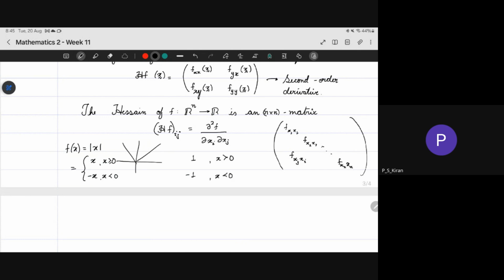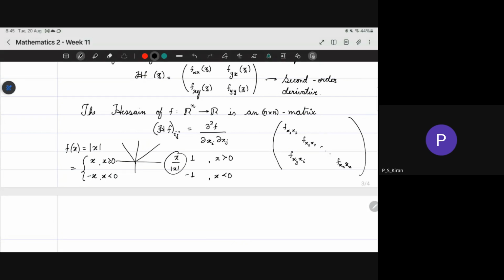At 0, it is not defined. So this can be written as x by mod x. You can combine these two to write x by mod x. Why? Because if x is positive, x by mod x becomes 1. If x is negative, x by mod x becomes x by minus x, which is minus 1. So the closed form expression for the derivative of the mod x function when x is not equal to 0 is x by mod x. That is fine. But its derivative at x equal to 0 does not exist.